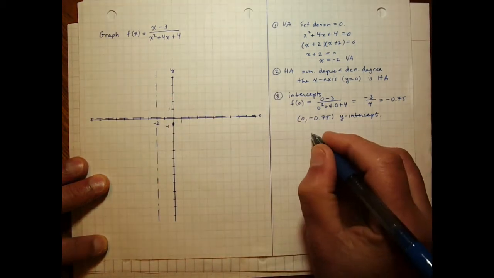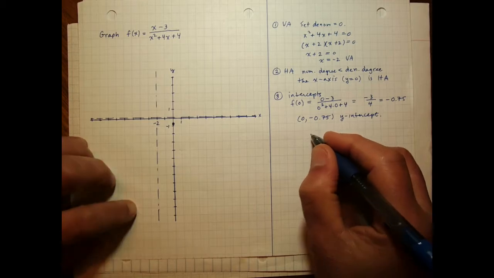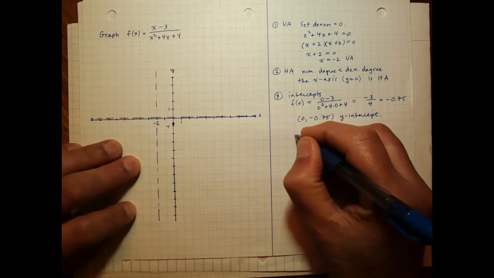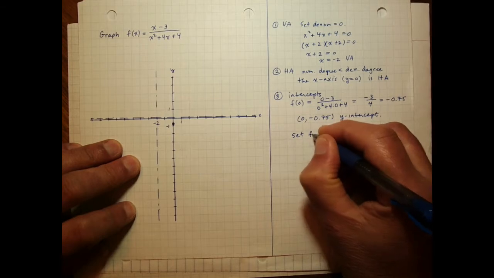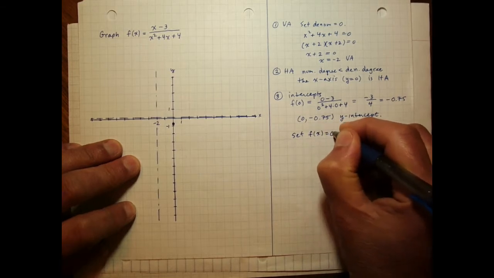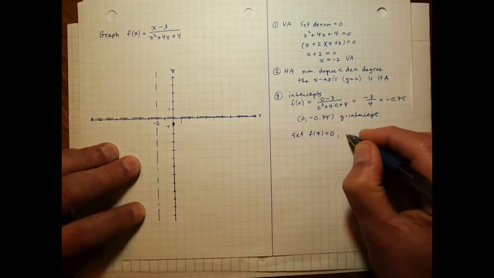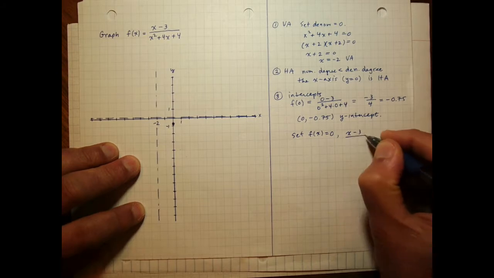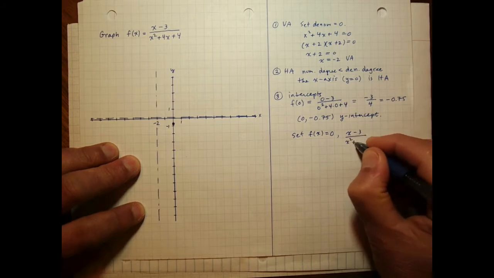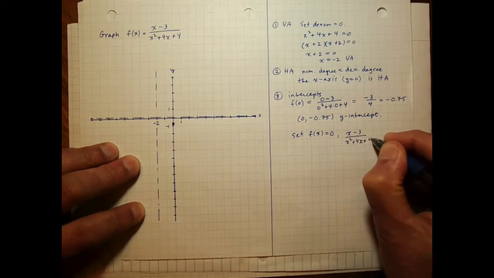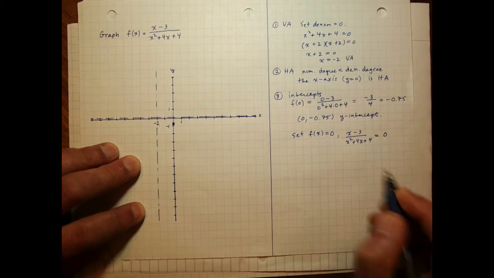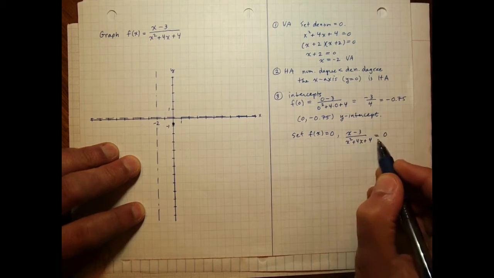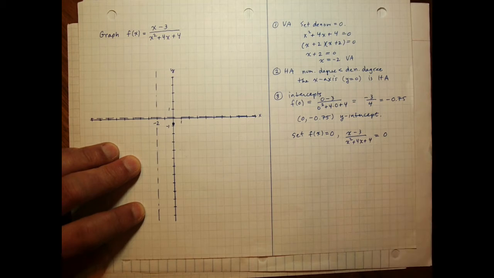And for my x-intercept, I set f of x equal to 0, so x minus 3 over x squared plus 4x plus 4 equals 0. The only way that can be equal to 0 is if the numerator is 0.